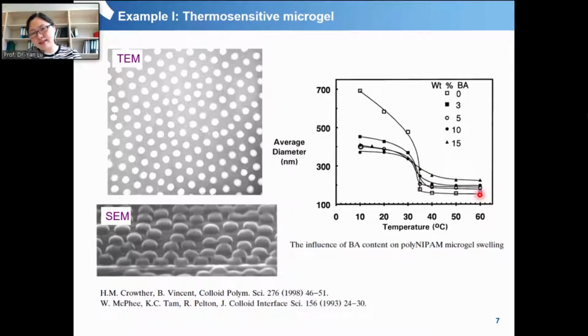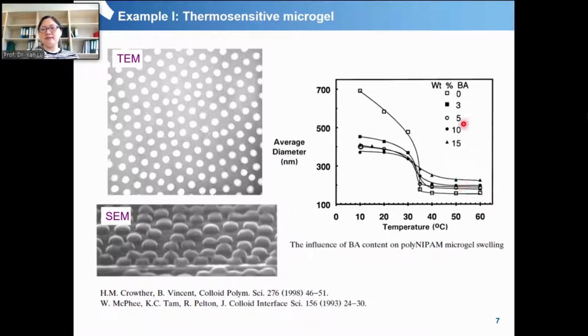At lower temperature, the particles are in a swollen state, so they are larger. When you increase the temperature, the particles start to shrink to their collapsed state, and you see the decrease of the particle size clearly by DLS measurement.